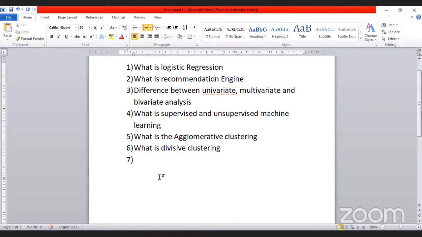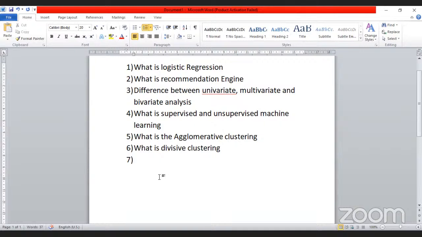In divisive clustering, we consider the data set, the 50 units of data, as one cluster, and we divide the data on the basis of dissimilarities.